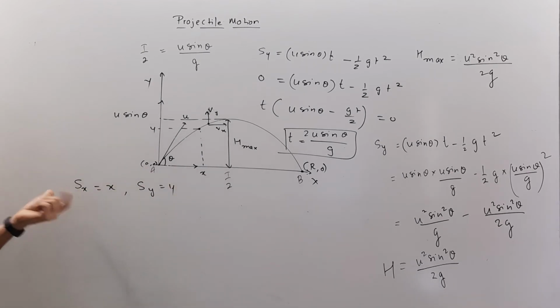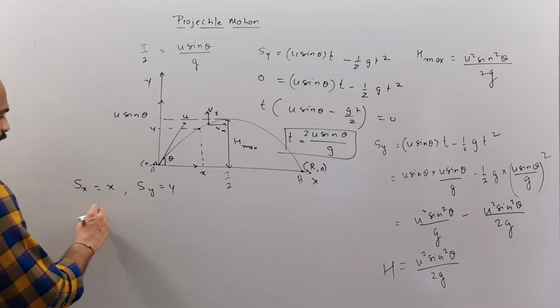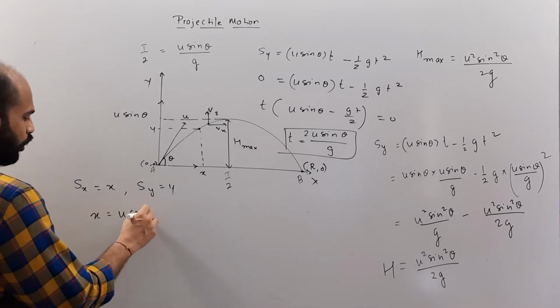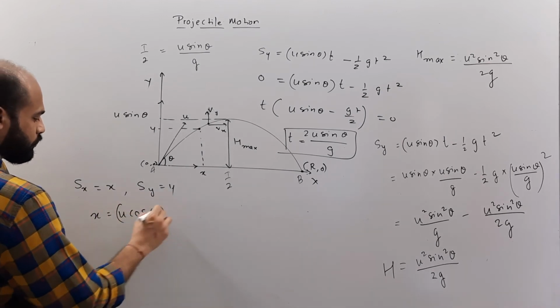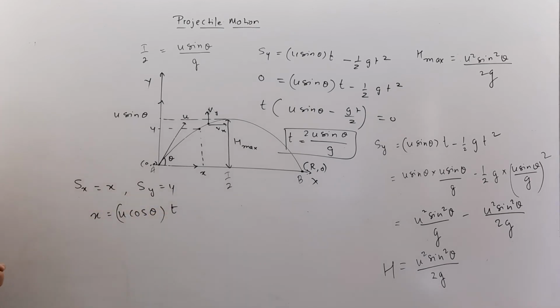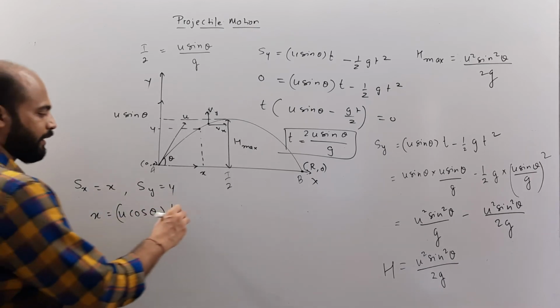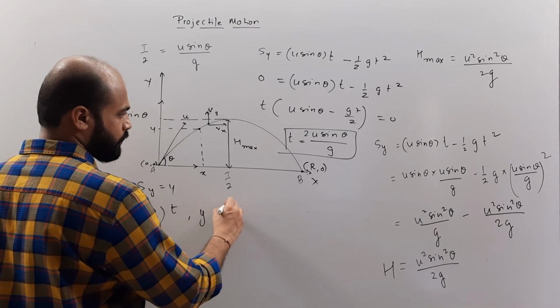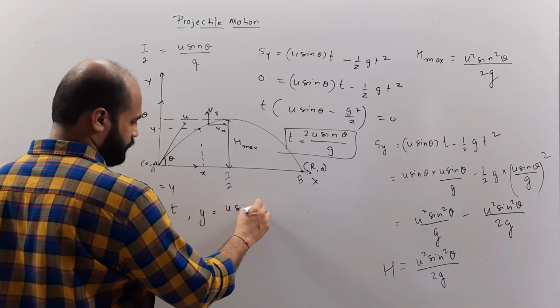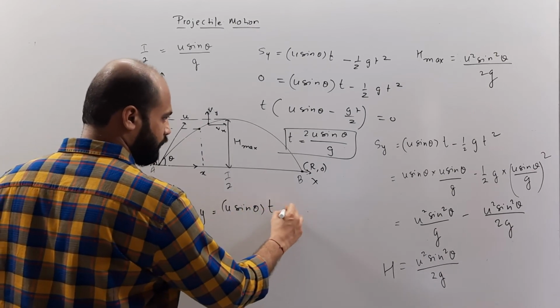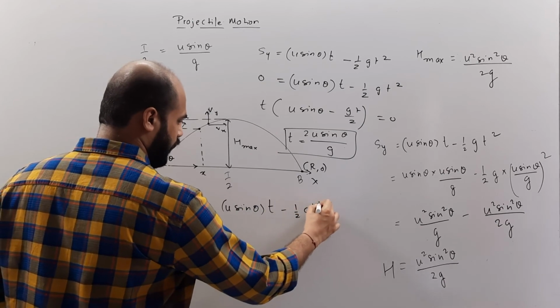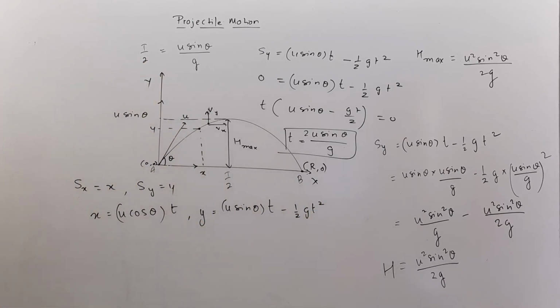So if you consider sx, we know that x equals u cos theta into t, and as far as y is concerned, we can write y as u sin theta into t minus half g t square.